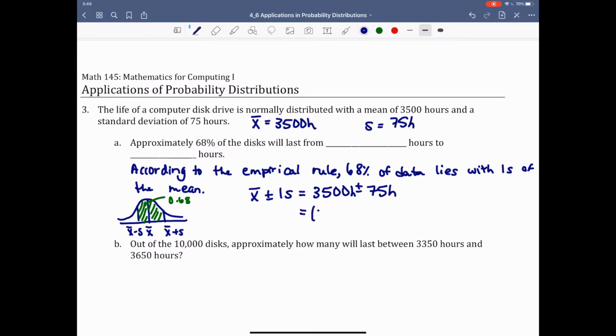The lower limit is when you subtract 75 from 3,500 hours, and the upper limit comes from adding it, so you get 3,575 hours. So we can identify the upper and lower ranges for the middle 68% in the question.